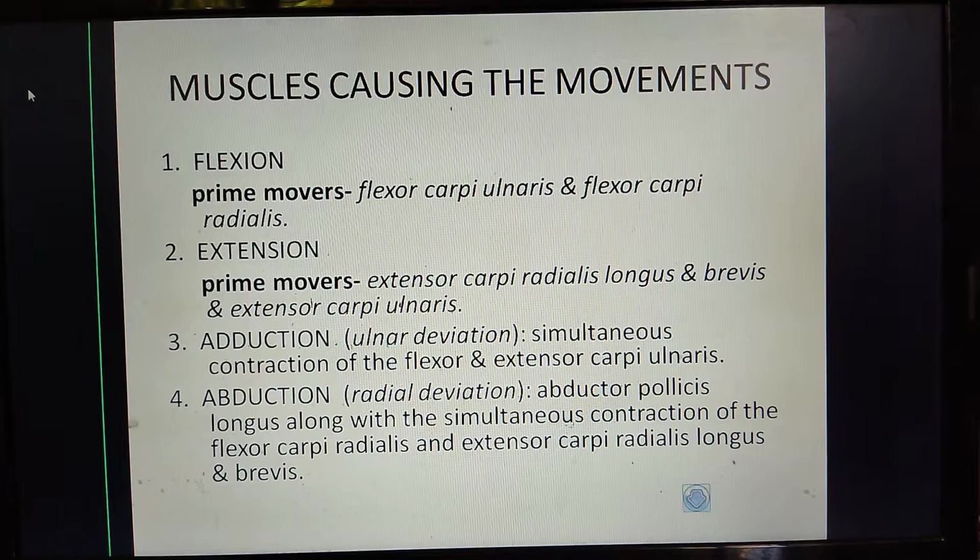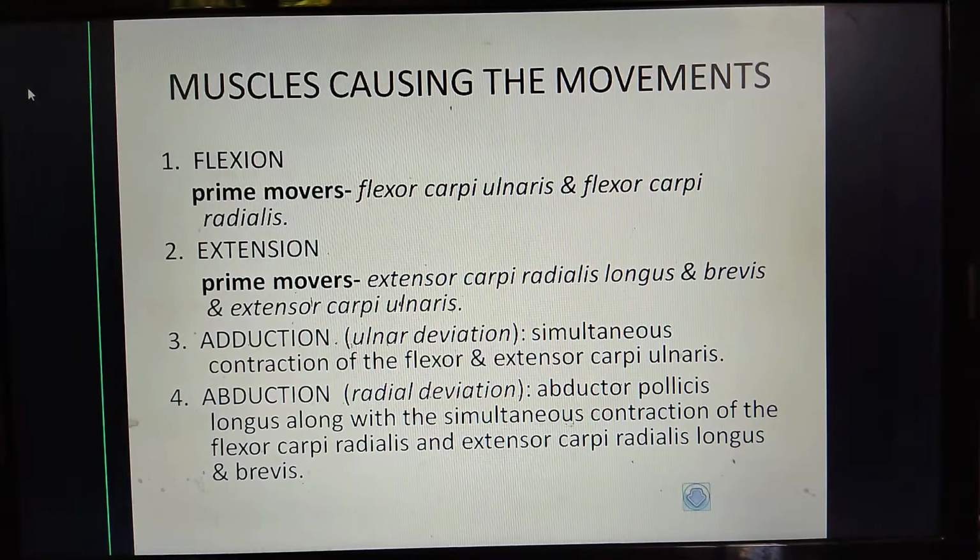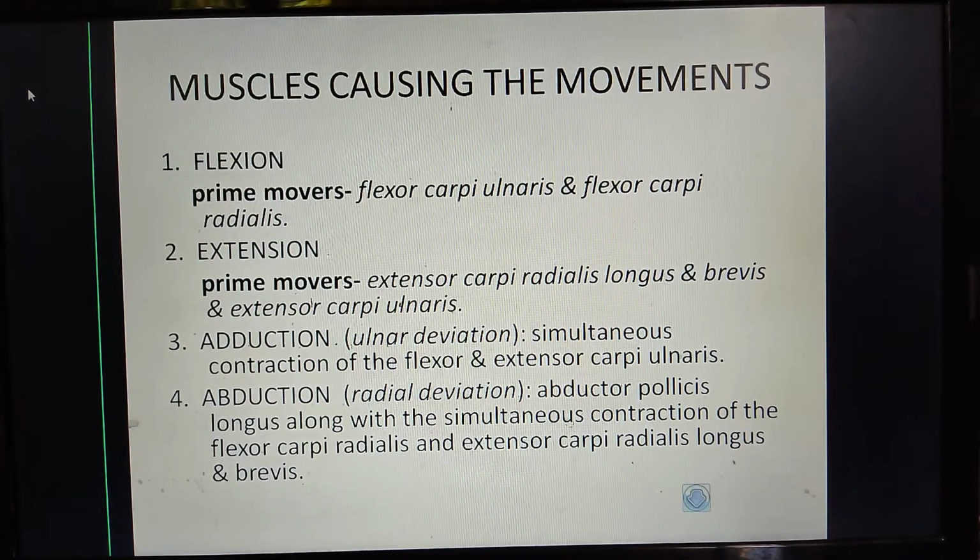Now we come to the muscles causing the movements. In flexion, the flexor carpi ulnaris and the flexor carpi radialis are the prime movers, and they are assisted by the flexor digitorum superficialis and profundus, the flexor pollicis longus and the abductor pollicis longus.